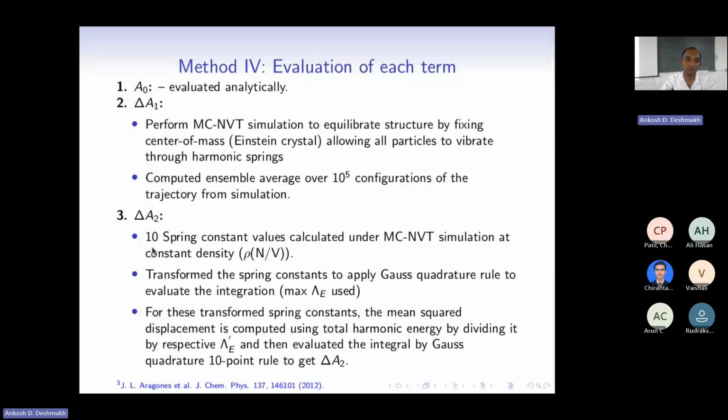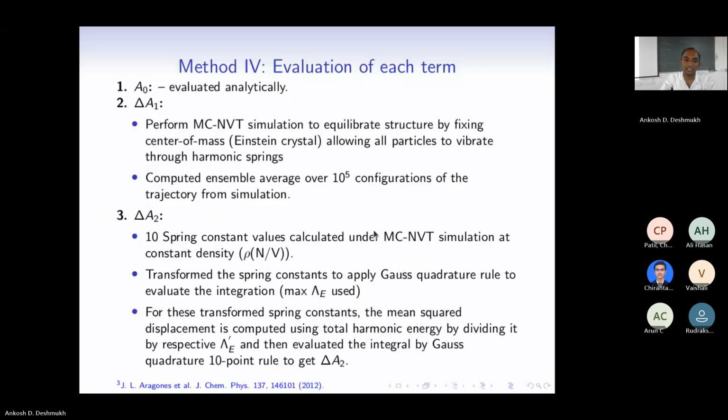And delta A2, I have computed for 10 different spring constants.